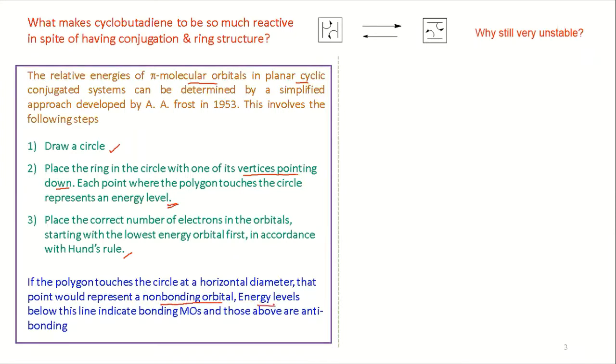The energy levels below this horizontal diameter represent the bonding MOs, and the energy levels above it are called anti-bonding. So this is the overall picture.